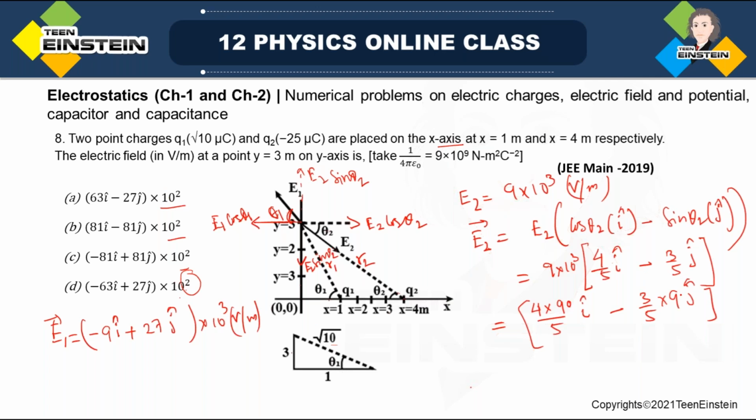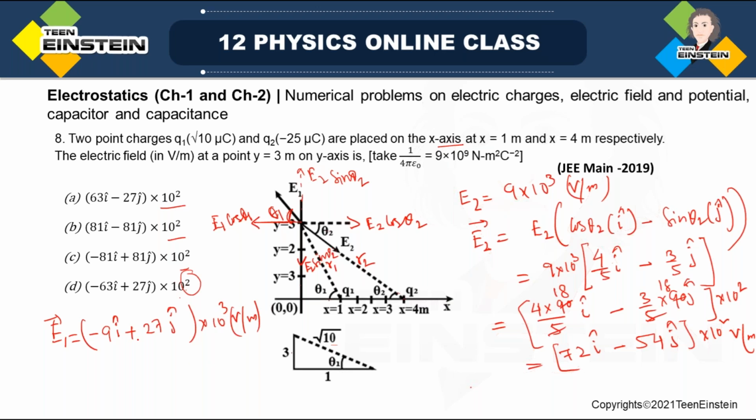Let me write here 90, here 90, let me write here 10 to the power 2. So the calculation will be easier. So this is actually 148, so this is 72 i cap, and this will be minus this into j cap, into 10 to the power 2 volt per meter.